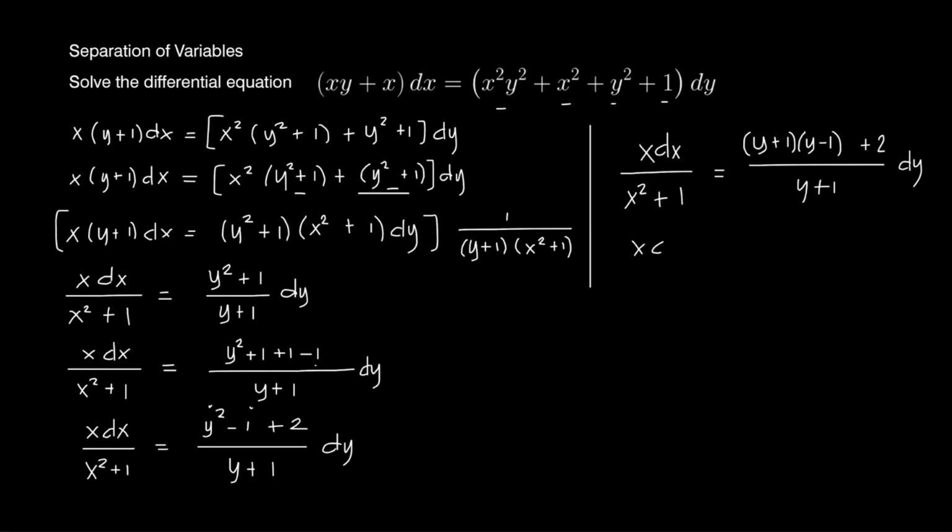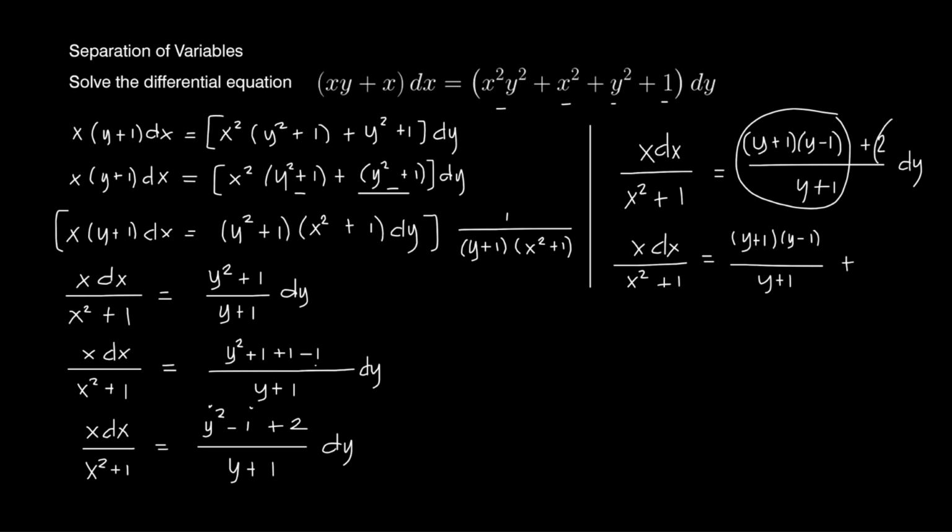So let's continue copying this one. We will integrate that one later. Okay, so we can group this as (y + 1)(y - 1) divided by (y + 1) plus 2 over (y + 1), all of this to be multiplied by dy.